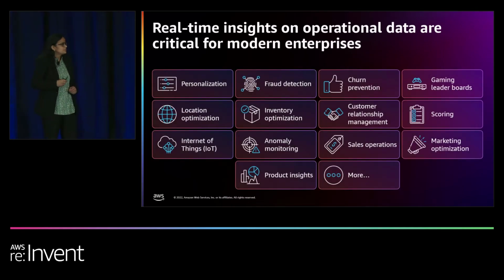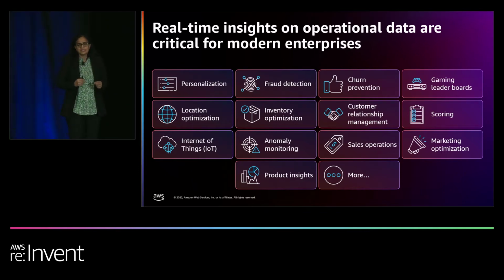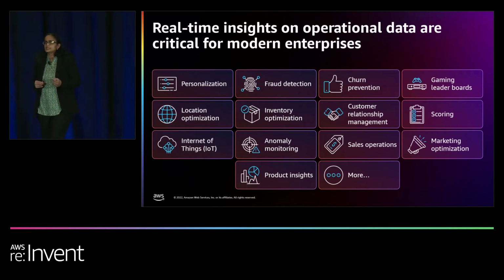As customers become more data-driven and start to see data as an asset or a competitive advantage, they want more near real-time analytics. The use cases for real-time analytics are plenty, as you can see here, such as personalization, being able to provide the best customer experience based on their specific preferences and activity, fraud detection, churn detection, customer relationship management, and then vertical specific use cases like inventory optimization, IoT, location optimization, gaming leaderboards.